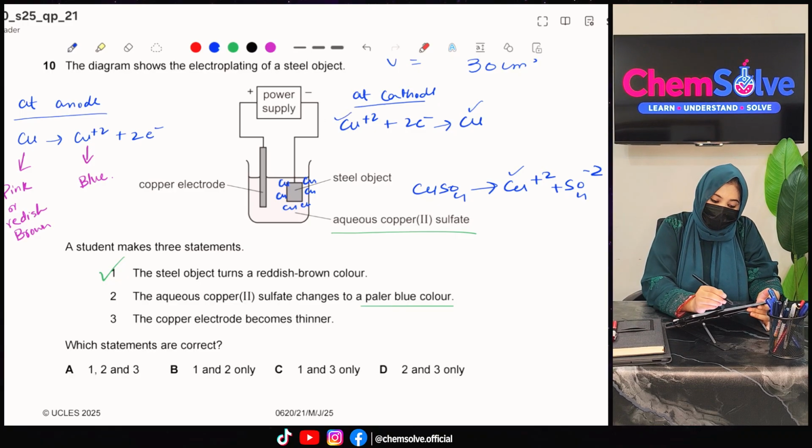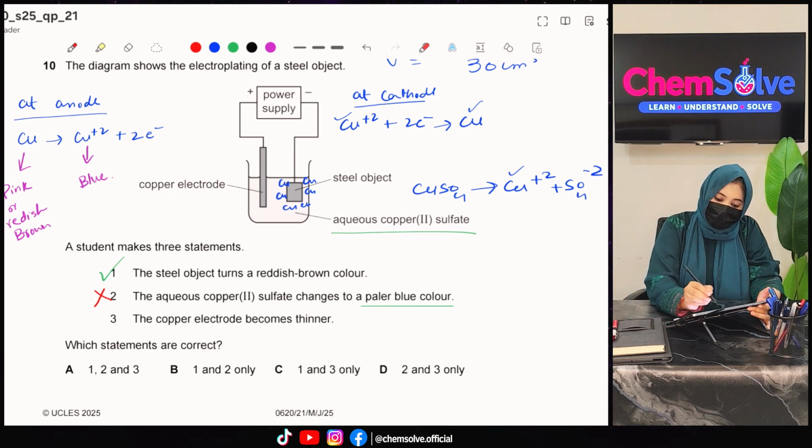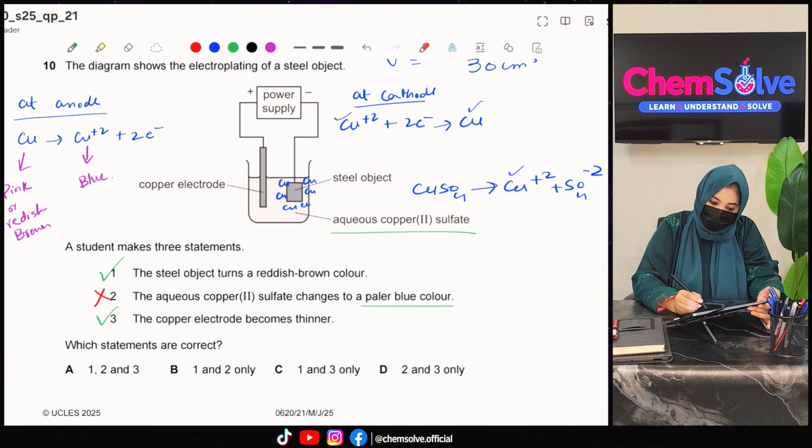So there wouldn't be any change in the color. This statement is incorrect. The copper electrode becomes thinner. We just discussed that it will ionize, it will form the ions. So with the passage of time, ions will be removed from here and this will become thinner. So this option is also correct. That's why the correct option for this question is option C.